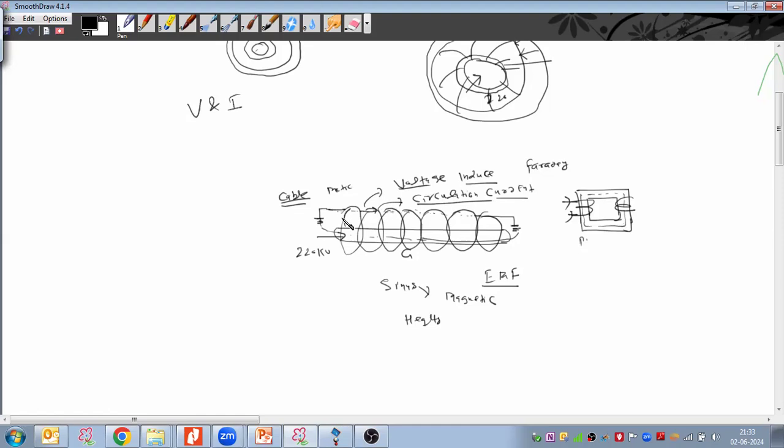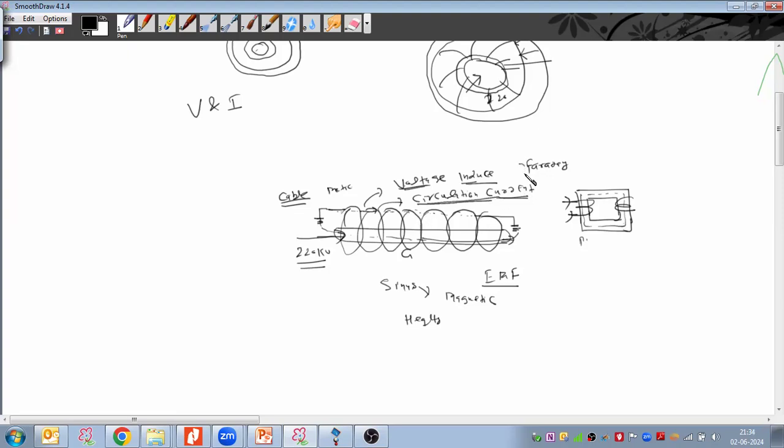And what will happen if some transient or short circuit occurs, and a higher current flows through the conductor? This will induce a higher electromagnetic field, which will induce a very high induced voltage, and this will cause a higher circulating current through the cable metallic sheath.